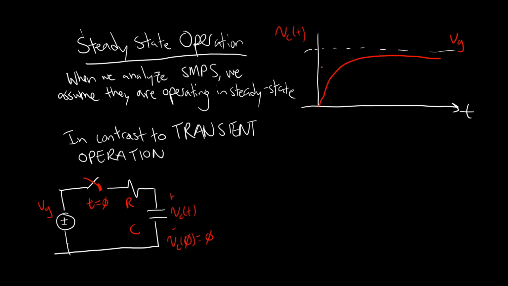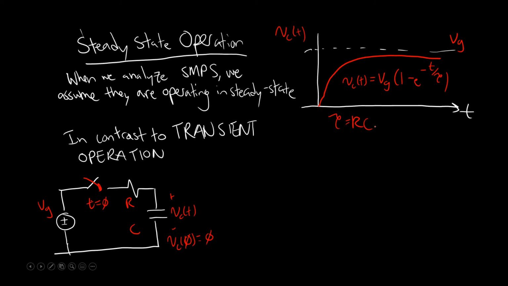The function which describes this waveform looks something like Vg times 1 minus e to the minus t over tau. I hope this looks familiar to you. Tau is the time constant, tau is equal to R times C.